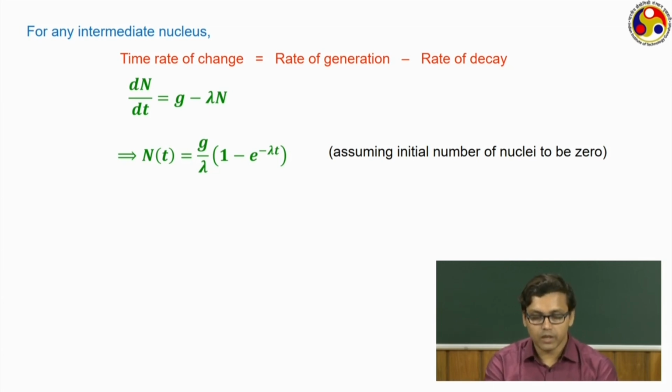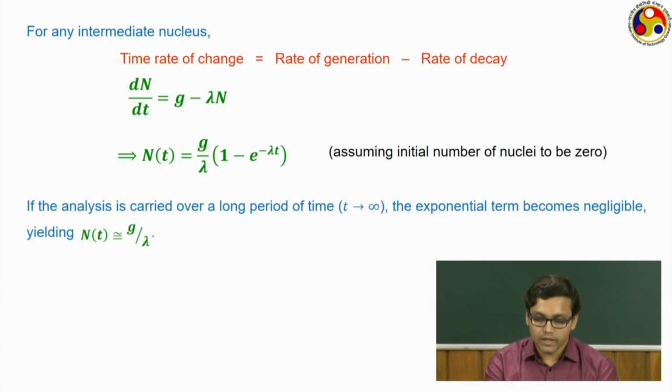Now, you can see here we have a 1 minus e to the power minus lambda t term inside the bracket. If we are talking over a very large time scale, like when t tends to infinity, infinite time refers to a certain time which is much bigger compared to the time that is important from our phenomenal point of view.